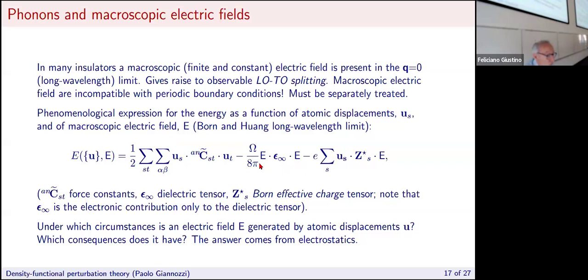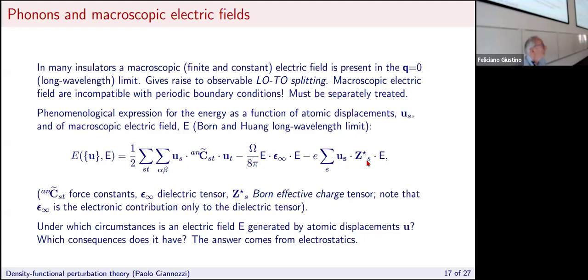Then we have another term, which is an electrostatic term. This electrostatic term can be described as the square of the electric field, and since we are dealing with electrostatic energy in matter, the electric constant appears here in the middle. This, in general, is a tensor.